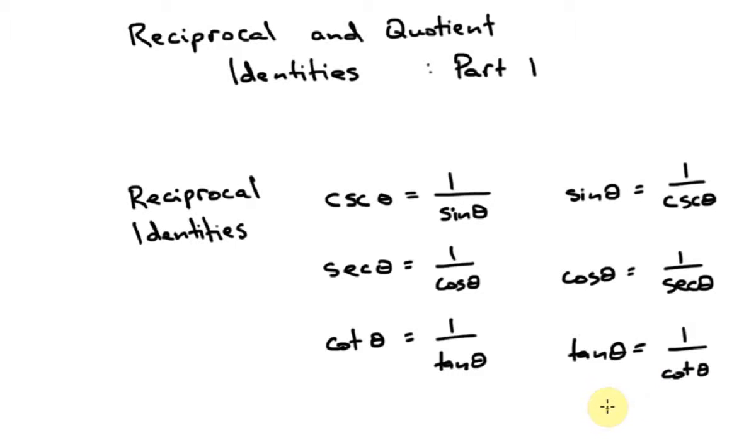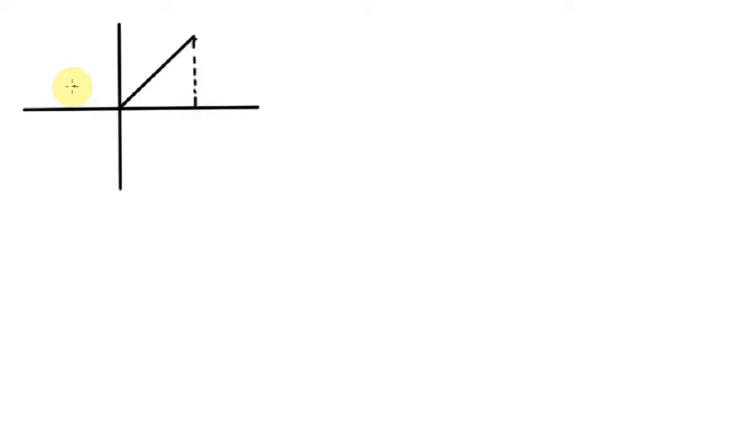What I'm now going to do is jump into the quotient identities, and these we haven't seen before, so I'm going to show you where they come from. First, I'm going to build our little grid here, and then build a little triangle here. So let's say we have a terminal arm up here, and say we have a radius.